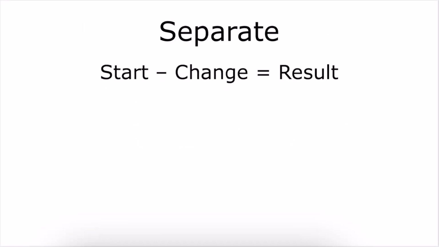The next category of word problems that we're looking at are separate word problems. So in separate word problems, you start with a certain amount and then you have a negative change. So in join problems, you're increasing your starting amount, and in a separate problem, you're decreasing it.